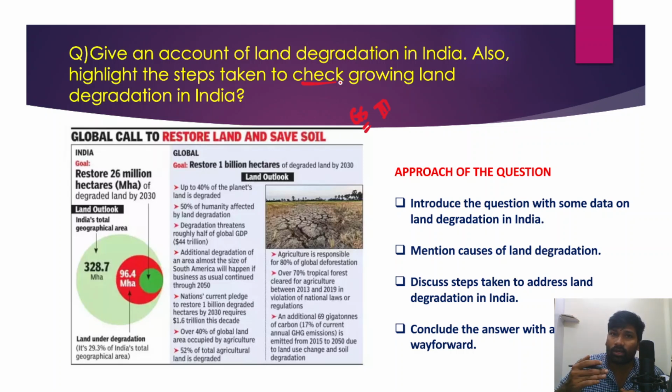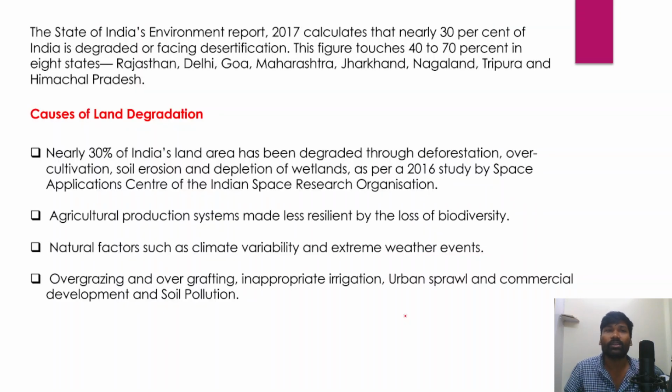When you divide the question into multiple parts, it helps you structure the answer in an effective manner. So what should be the approach? First and foremost, you need to introduce the question with some data on land degradation in India. Then mention the causes of land degradation, then discuss the steps being taken to address land degradation in India, and ultimately conclude the answer with an appropriate way forward.